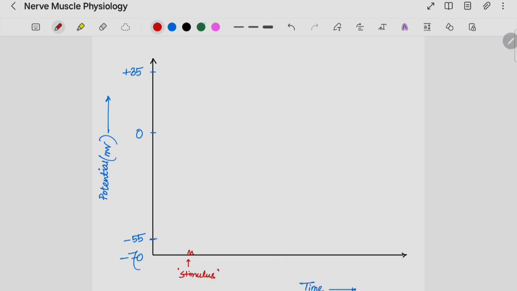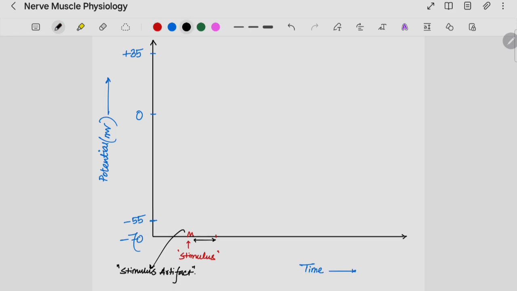So this is the stimulus artifact. Now for a short interval there is no stimulus. Again the stimulus starts from here. The time between the first stimulus and the next stimulus is known as the latent period.